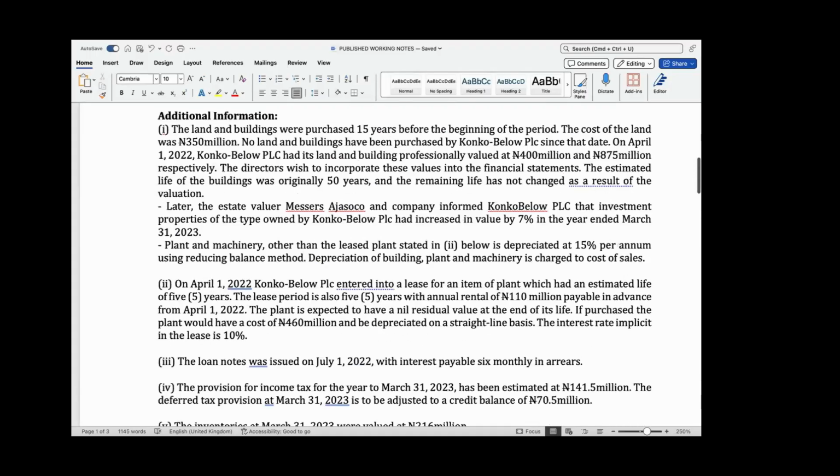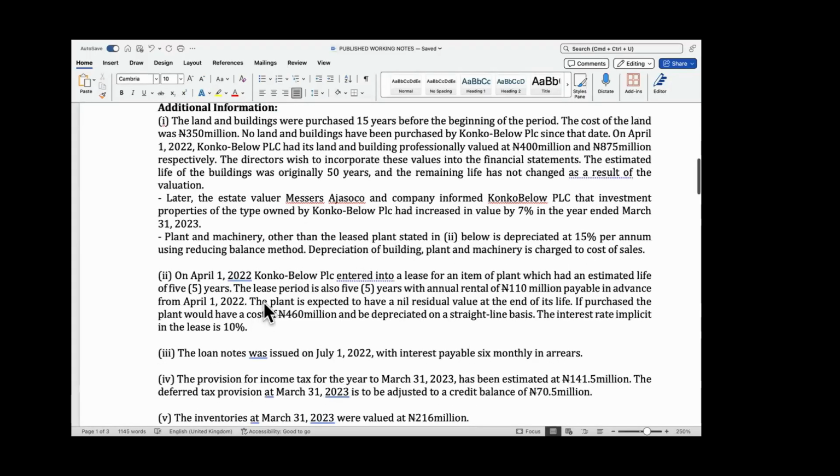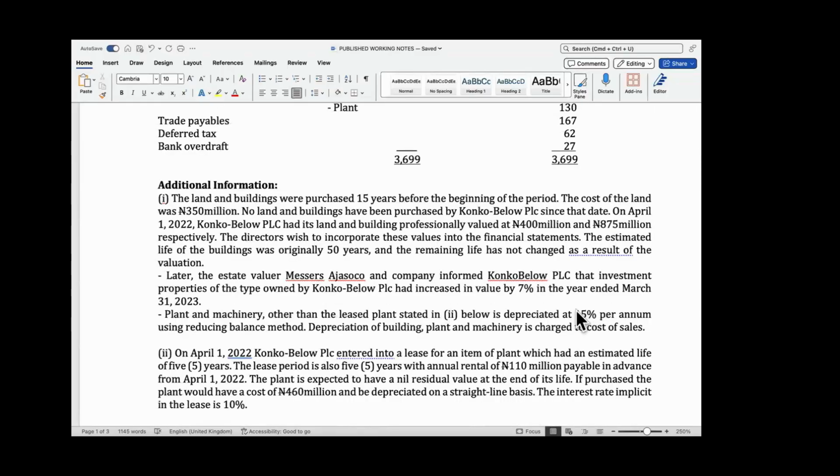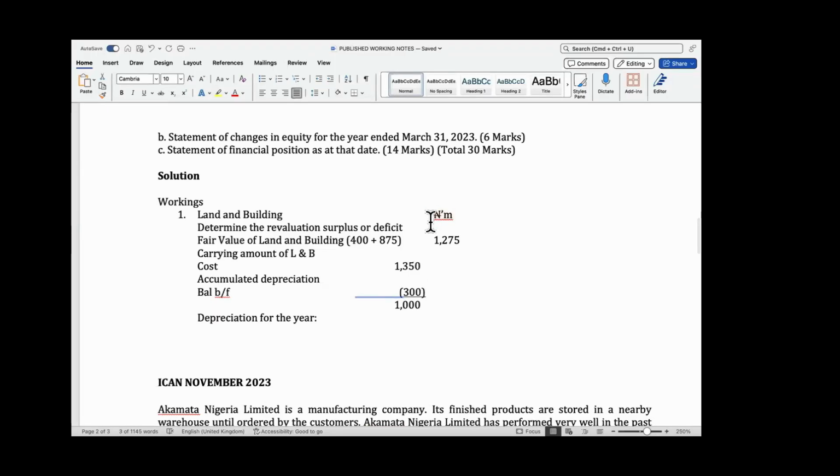We are going to apply a rate of how much? Sorry, sir. We have still not separated the land from the building. Okay, let's just separate it for them.